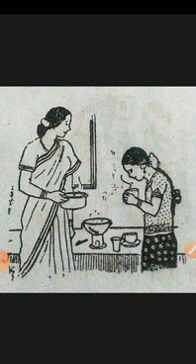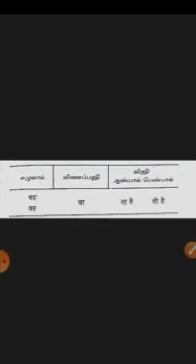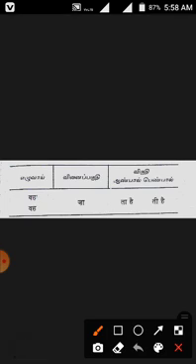So there is a rule to frame a sentence in Hindi in present tense. Here a boy is doing some work. When we frame sentences in Hindi in present tense, you should follow the rules. So look at वह जाता है.